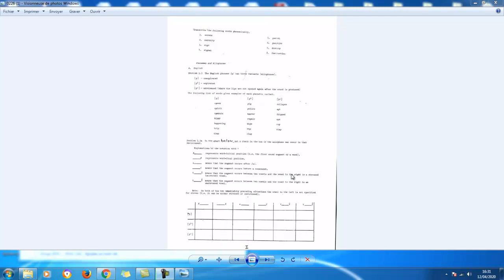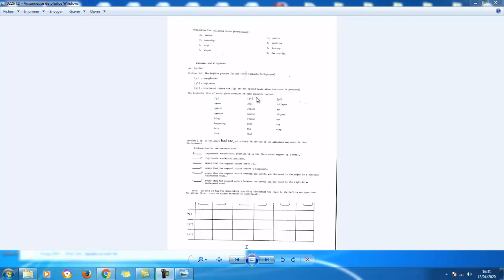Now here I think you know how you can proceed working on these words to find the exact rules that determine which realization to give P in which phonetic environment. When are we going to pronounce it as unaspirated?